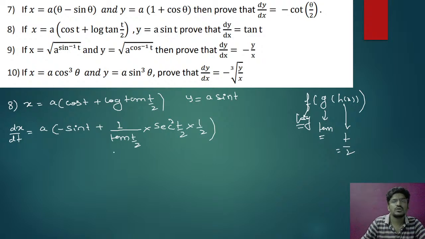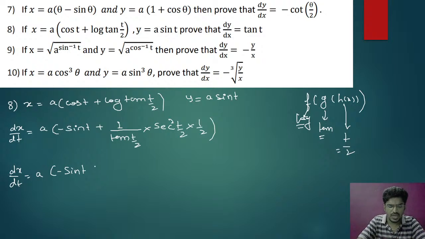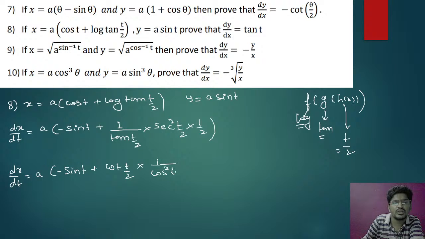So now you see here it will be dx by dt equal to a, minus sin t, plus 1 by tan t is cot t by 2, secant square is 1 by cos square t by 2, into 1 by 2.